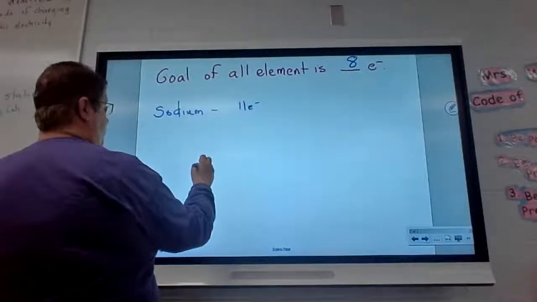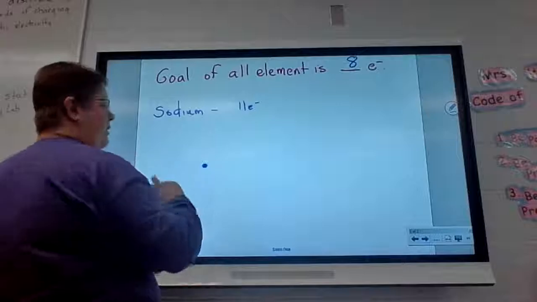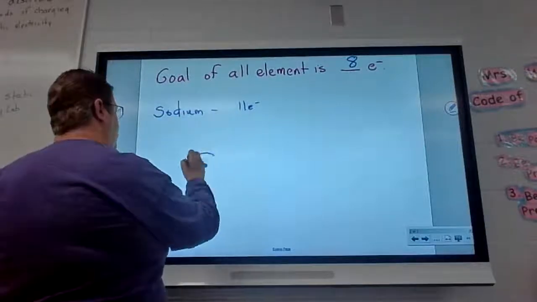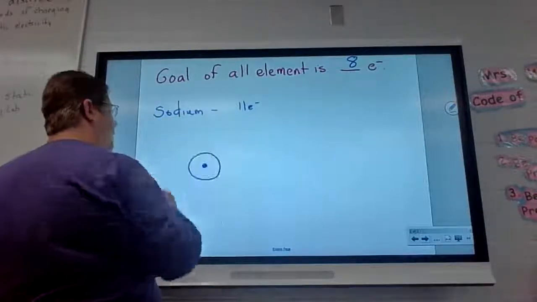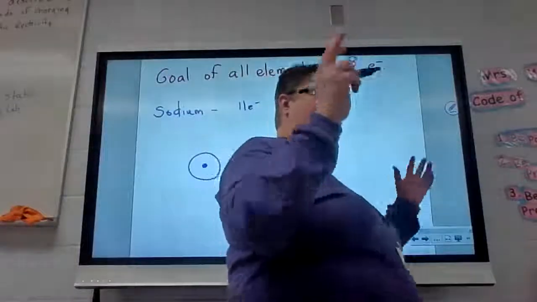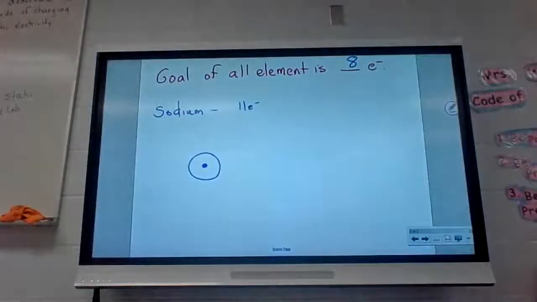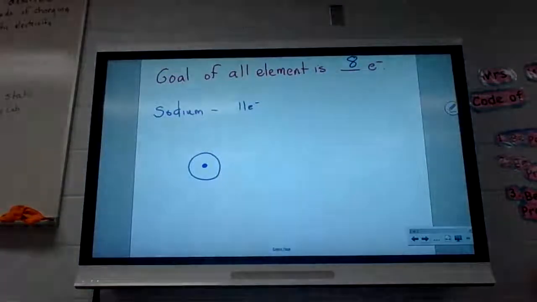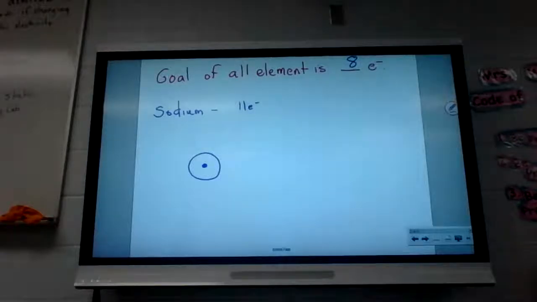All right, so there's this nucleus because we don't care what's in it right now. On the first ring, first energy level, how many sublevels can the first energy level have? 1 sublevel. The first sublevel can have what name?